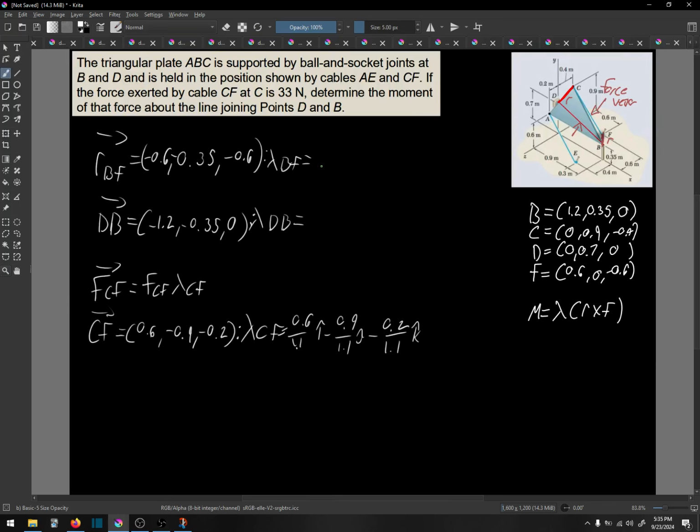So lambda BF is going to be negative 0.65 I hat minus 0.38 J hat minus 0.65 K hat.